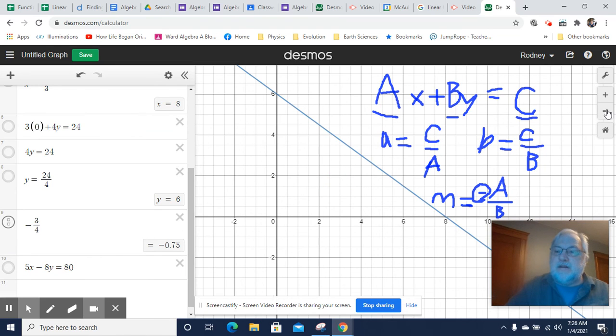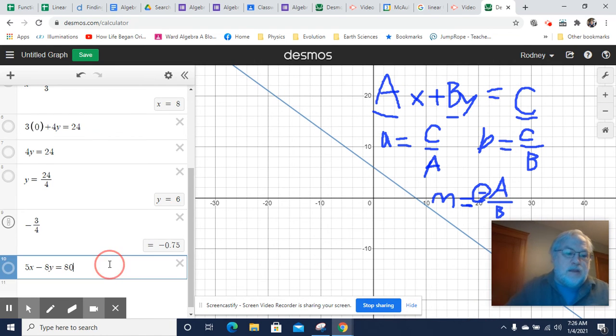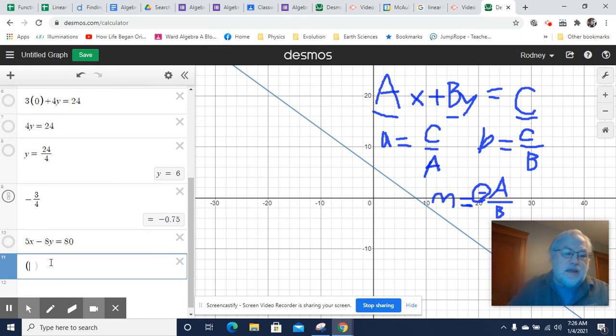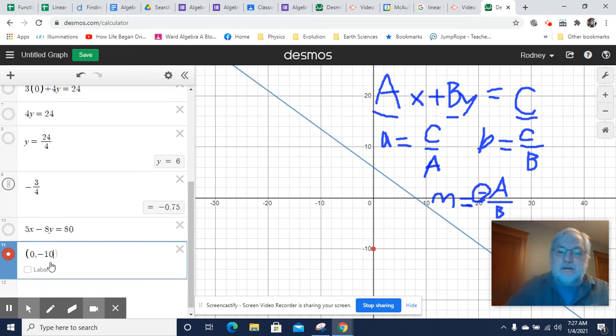I'm going to have to zoom out a little bit for this, but what I can immediately do is work out that if x is 0, I can get the y-intercept. So the y-intercept will be from simply negative 8y equals 80, and that means I'm going to have a y-intercept at (0, negative 10), 80 divided by negative 8 is negative 10.